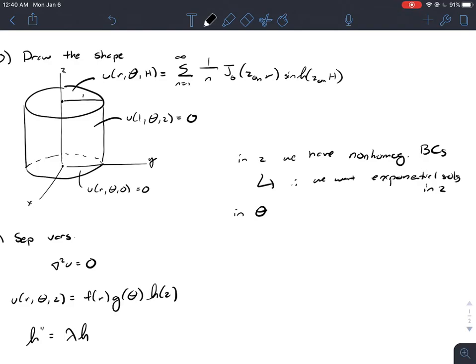In theta, we have homogeneous boundary conditions. Remember that since we have a full circle here, we have homogeneous boundary conditions that are basically the periodicity boundary conditions, as I called them in the previous videos on the circles. And periodicity conditions basically state the continuity of the circle. And in theta, consequently, we want oscillatory solutions.